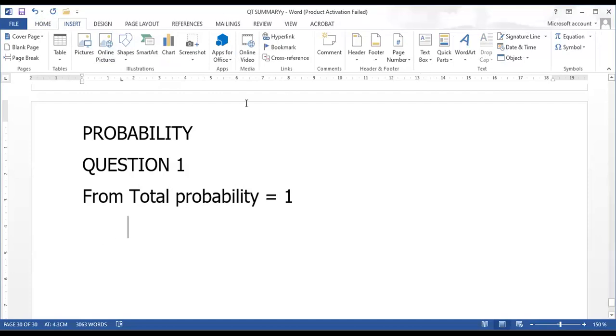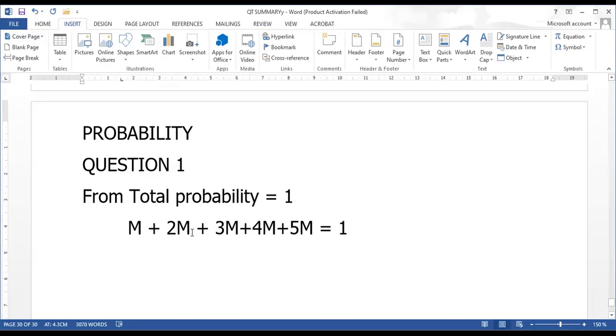So if I add all my probabilities, do you have the question? What was the first probability? That is m. If I get m plus 2m plus 3m plus 4m plus 5m, what do you get? You get 1.